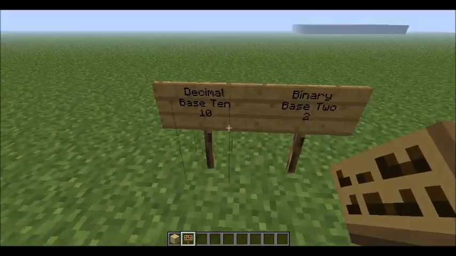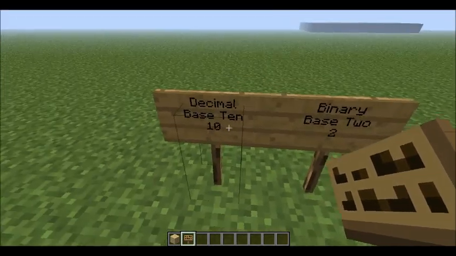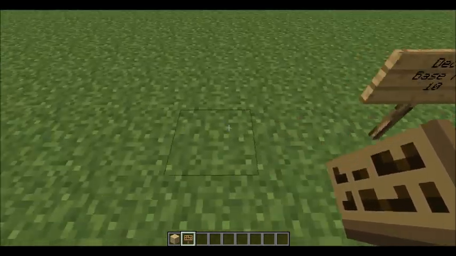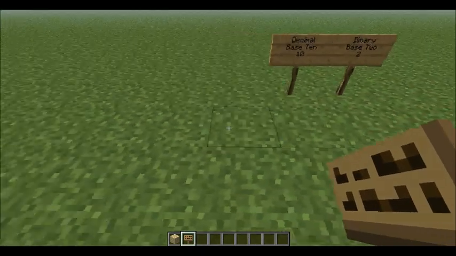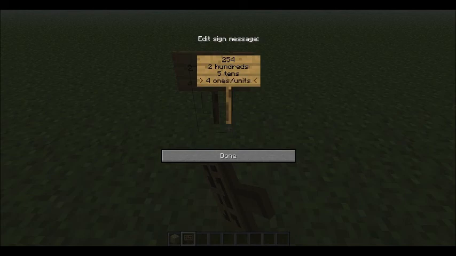So with decimal, if we write the number 254, it's got 3 digits. It's got 2 hundreds, 5 tens, and 4 ones, or units, whatever you were taught.